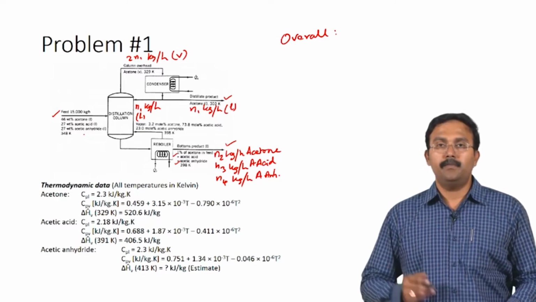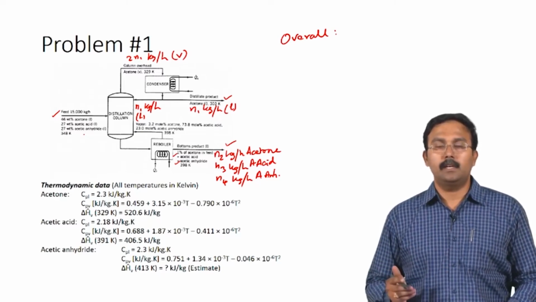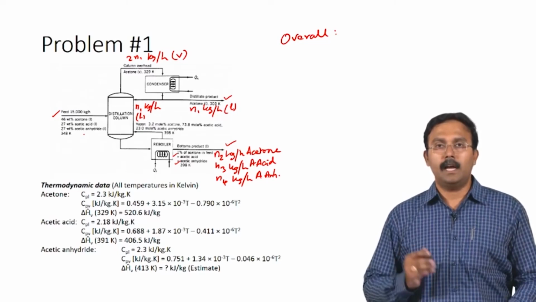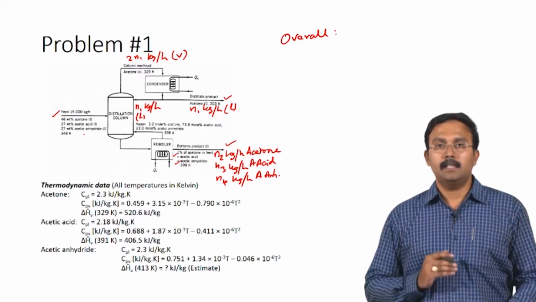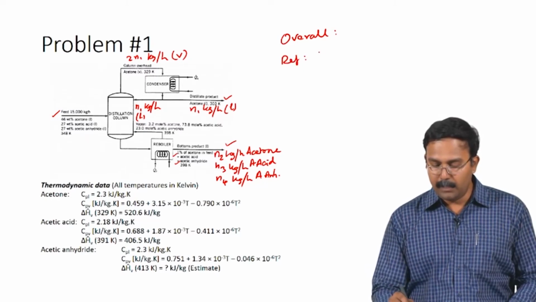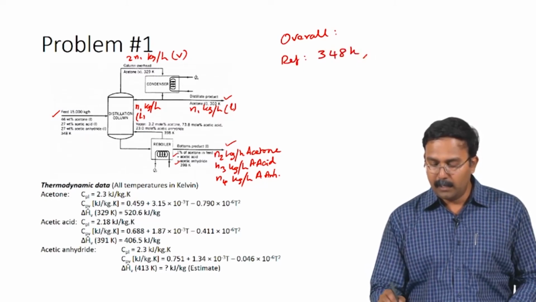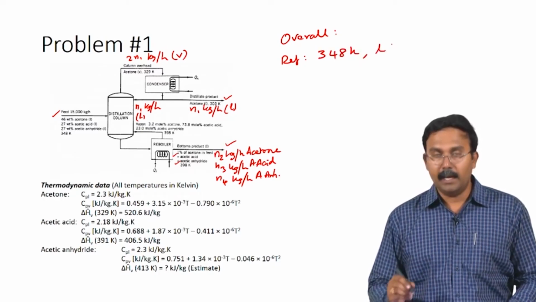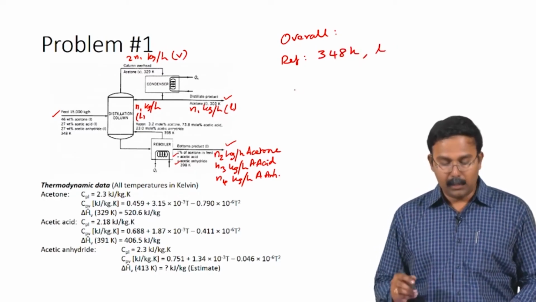We can choose reference states either as the inlet or the outlet conditions. For these calculations I have used the inlet condition as the reference state, so the reference state is 348 Kelvin and liquid phase. Now let us write down all the components.